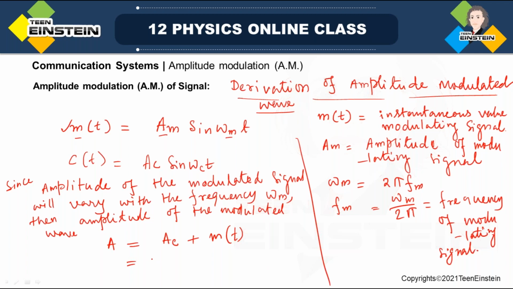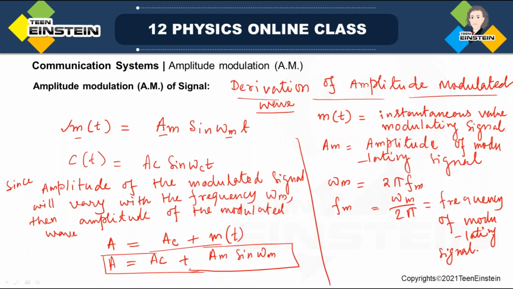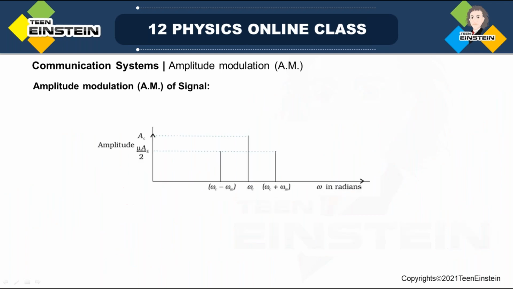So we can write here Ac plus Am sine omega m t. Then it means that the amplitude is changing with the same frequency. This is what we have got now.